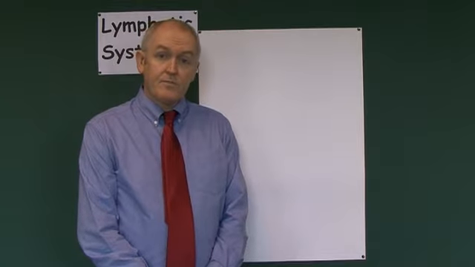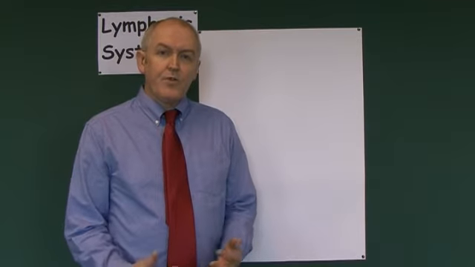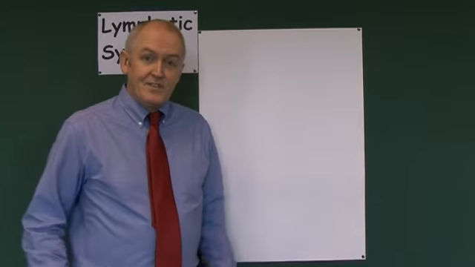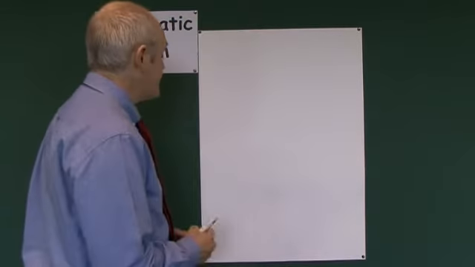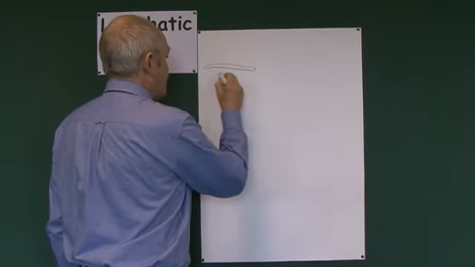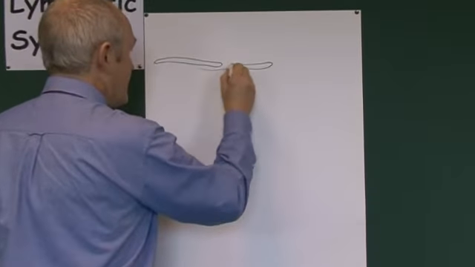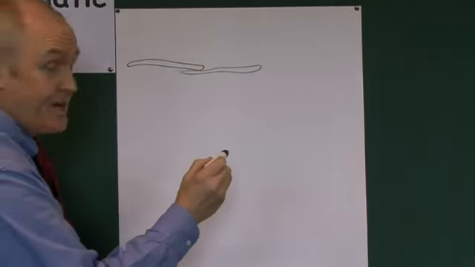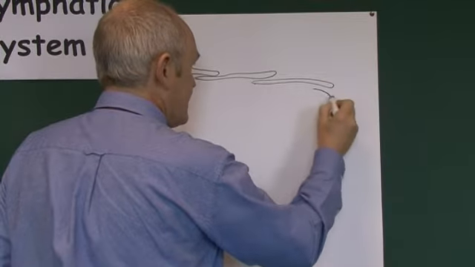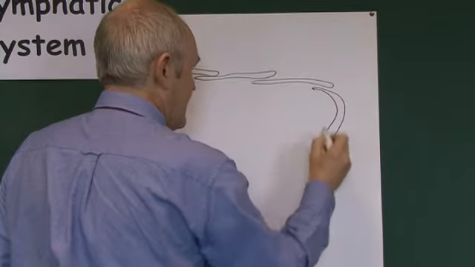Now, before we move on from lymphatic capillaries, there's one more thing I want to tell you about. So let's draw a lymphatic capillary in the tissues. And remember, the endothelial cells are overlapping in a lymphatic capillary. So here we have some overlapping endothelial cells. And here's the blind end of the capillary.